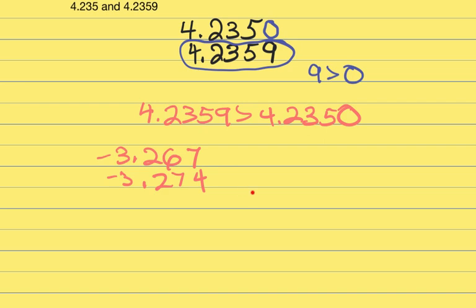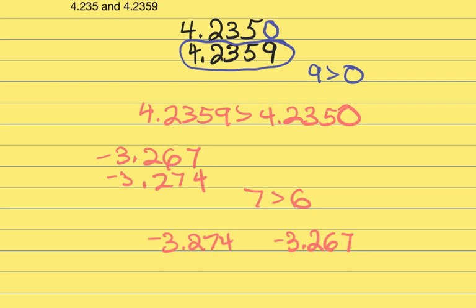So since 7 is greater than 6, then I know that negative 3.274 has a greater absolute value than negative 3.267. However, I have to be careful when I put in my inequality symbol because these are negative numbers.